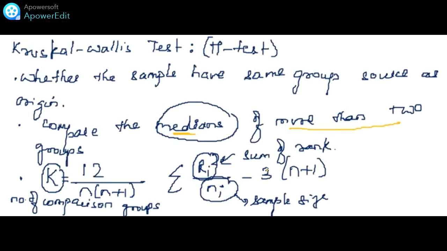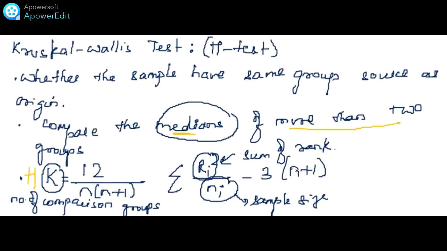R is the sum of the ranks and ni is the sample size. And here k, or sometimes they use h, is the number of comparison groups.